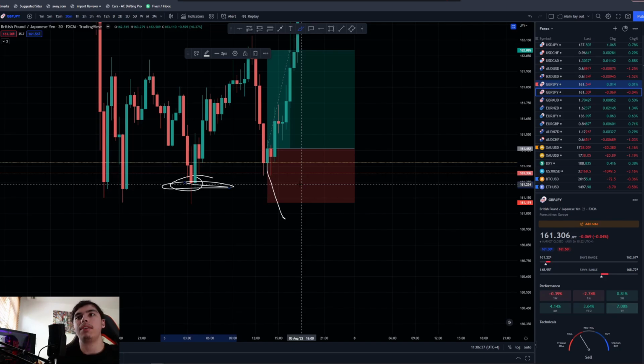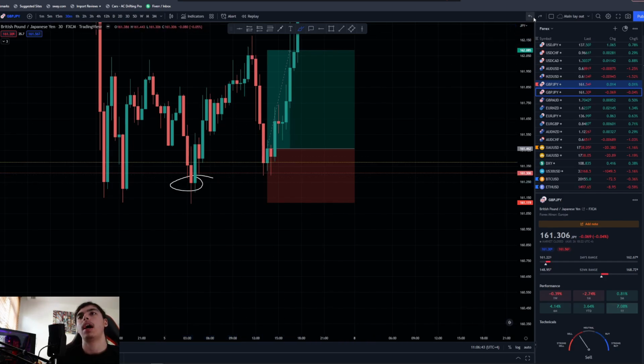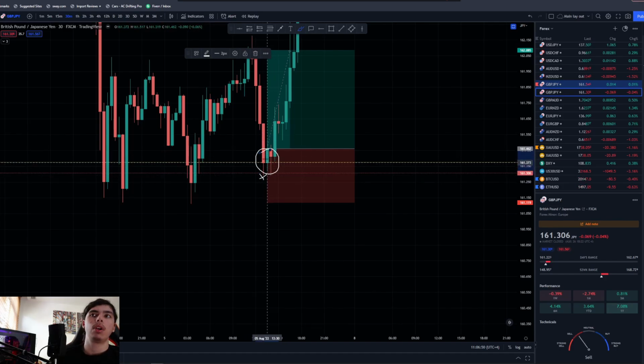But we don't want to have such a wide stop, although as a beginner this would be a good idea to practice like this. So how do we make our stops even better? Well, we know if we're rejecting this zone and closing a bullish candle here, we should not be able to close a bearish candle below the next candle, because then that most likely will bring us down to this point here.